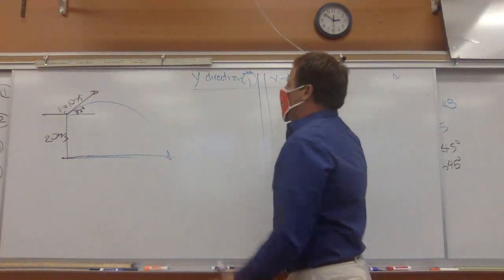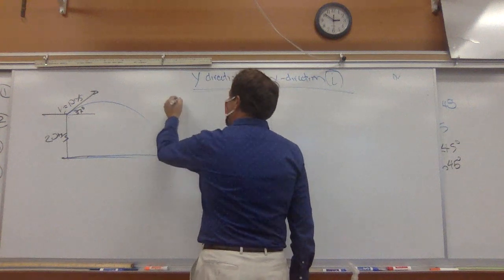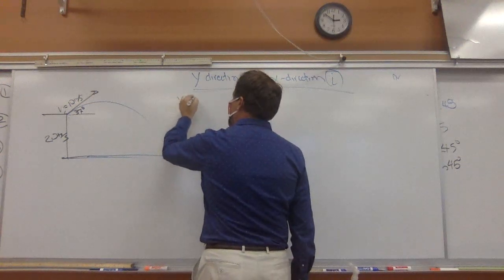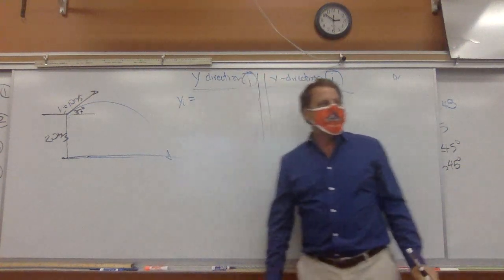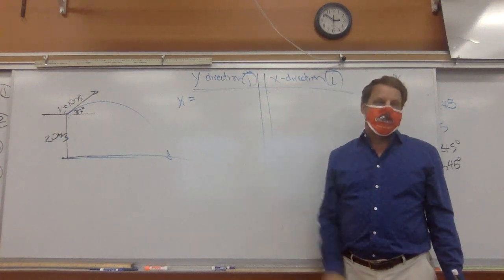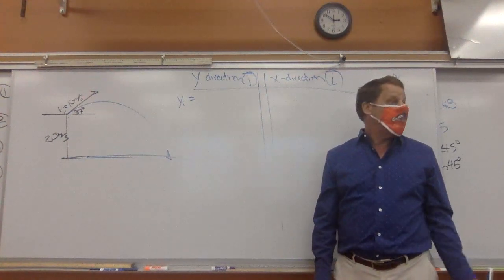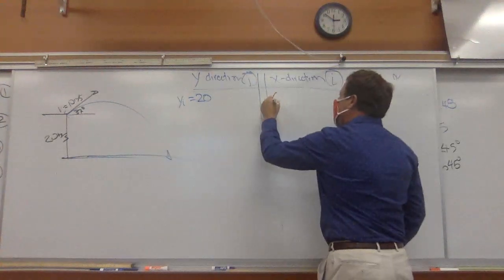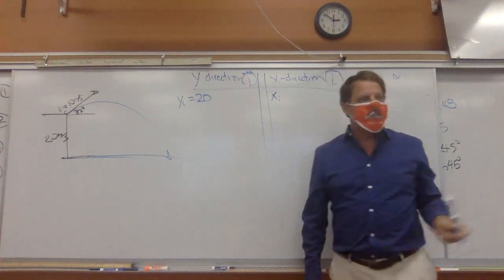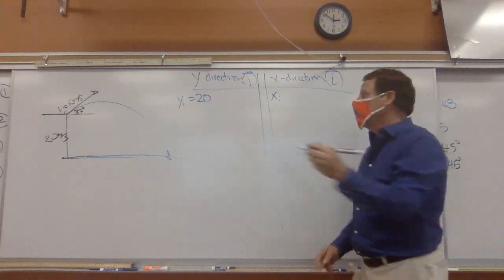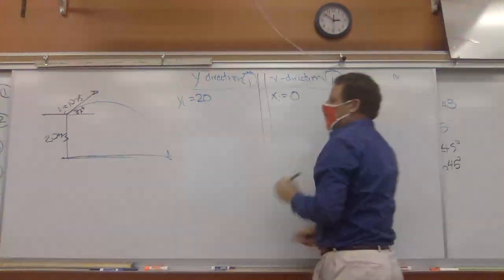Now, what is the initial position of the Y? 20. It's going to be 20, right? What is the initial position in the X going to be? 0. It's going to be 0.